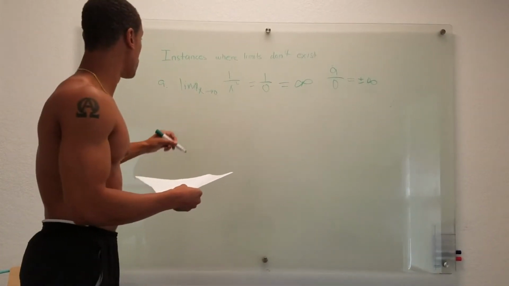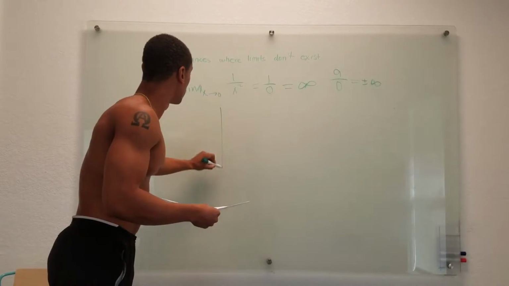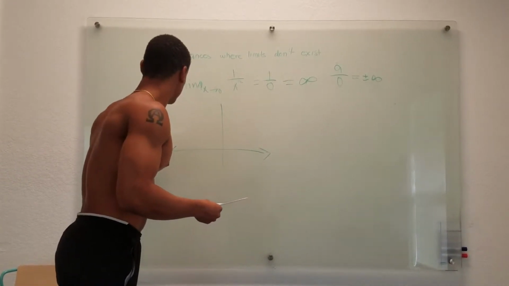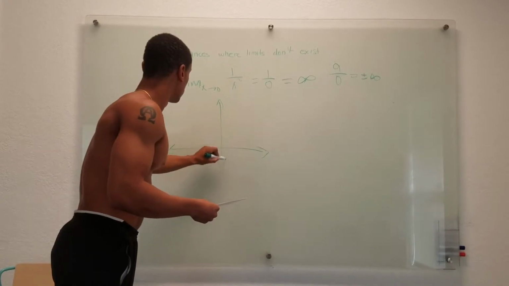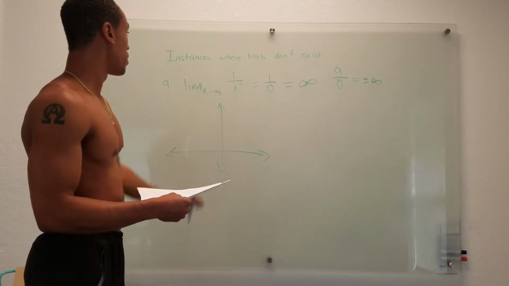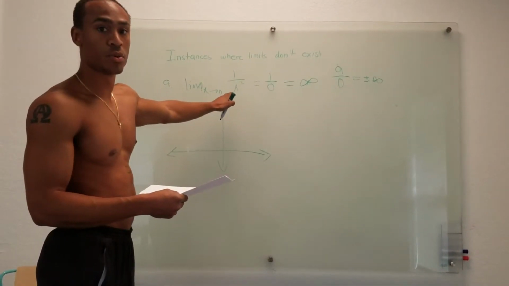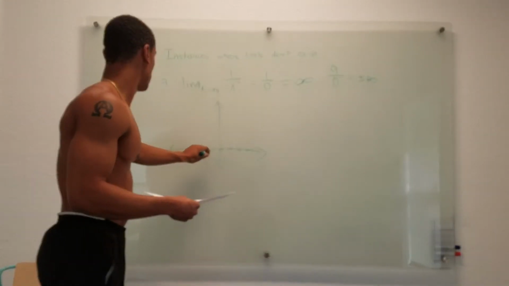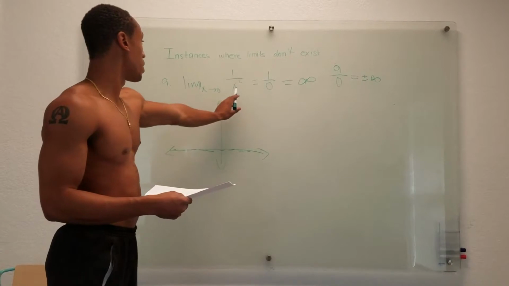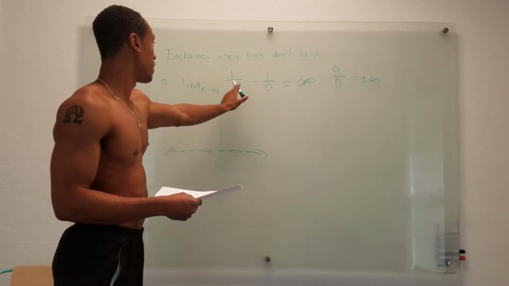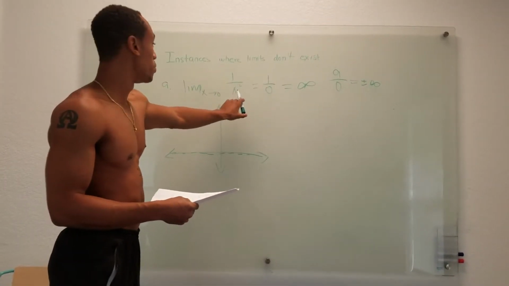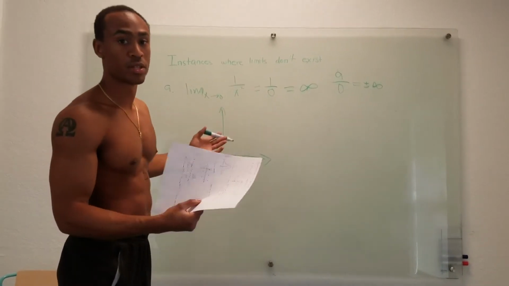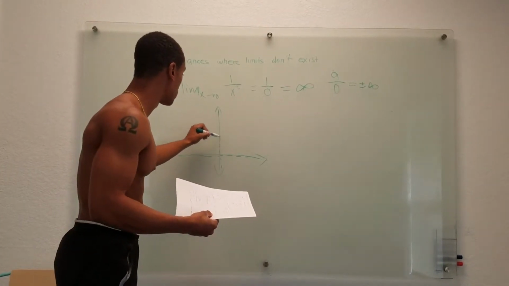So, let's draw it out. For this particular function, we have a horizontal asymptote at 0. We also have a vertical asymptote at 0 because when you plug 0 in for x, you get 0 in the denominator, so it's undefined.